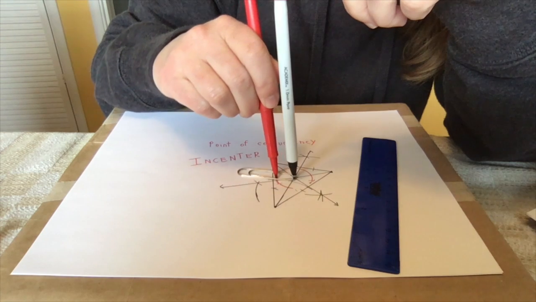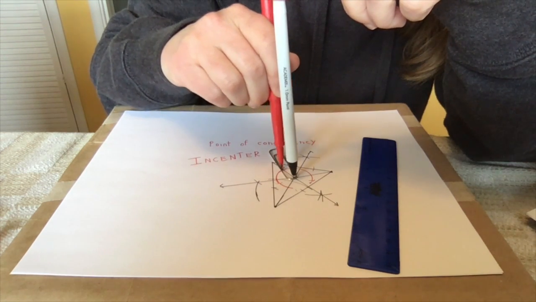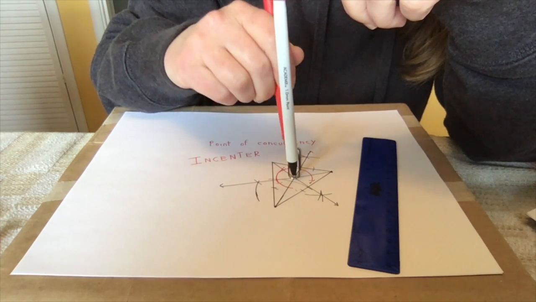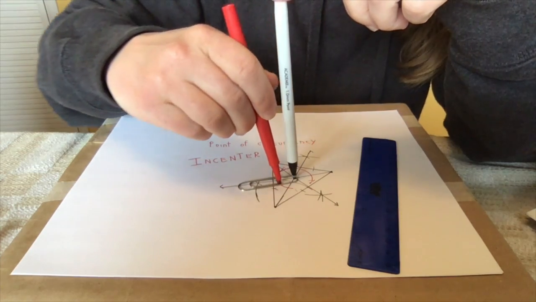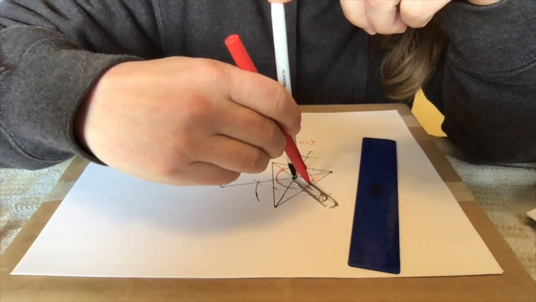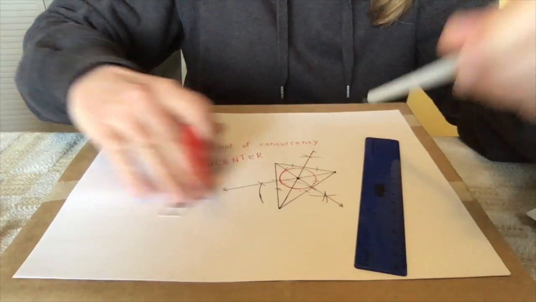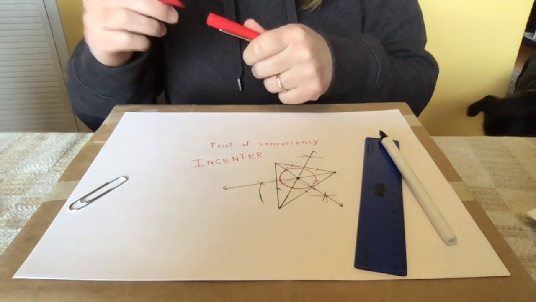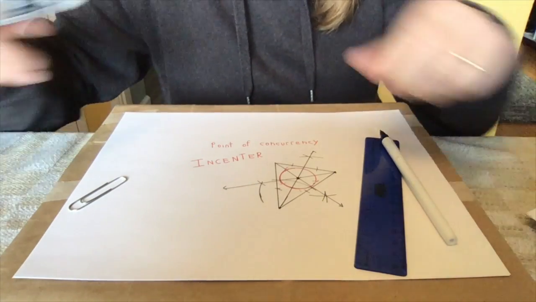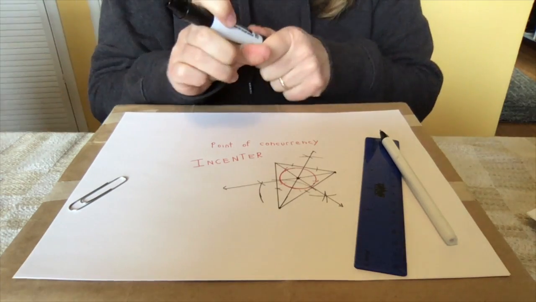A little bit too small. And I think I'm going to use the little cheat that I used last time, which is to get a really thick marker. I'll do it again. Incenter.